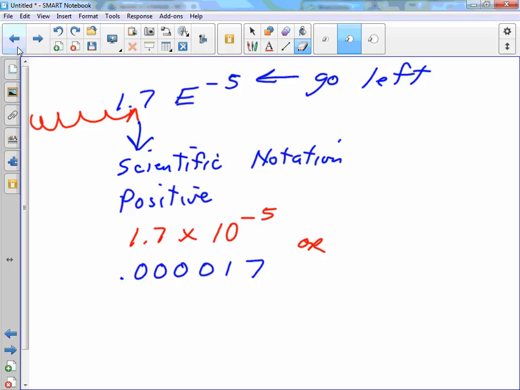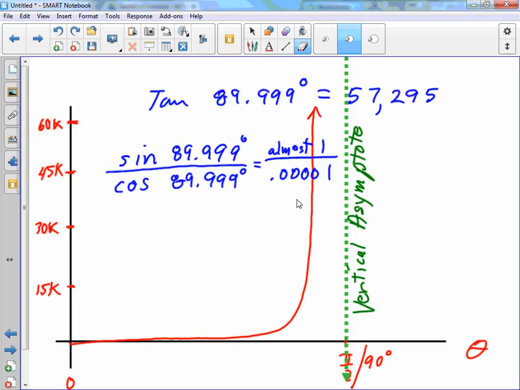So that's a tiny little number, and I'm almost done. I'll shut up. Here we go. So you have almost 1 divided by 0.0000, almost 0. If you take almost 1 and divide it by a really, really little number, what happens? This is going to equal gigante. Okay? A really big number.